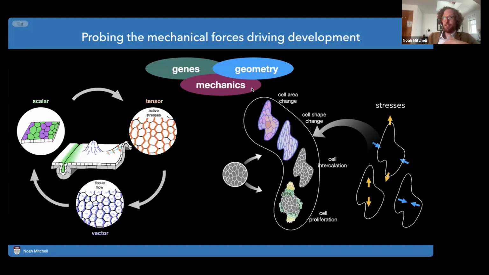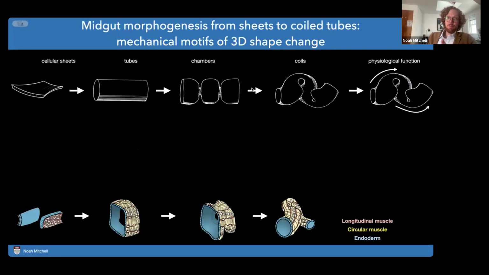And so in order to really address this, there are, of course, some tools that are emerging to try to measure stresses directly, but this is very, very hard right now. And so we rely on using perturbations and comparing our observations with models. So I'll propose that in order to take this approach and study this 3D morphogenesis in inner organs, the Drosophila midgut is a really great model to make quantitative progress.